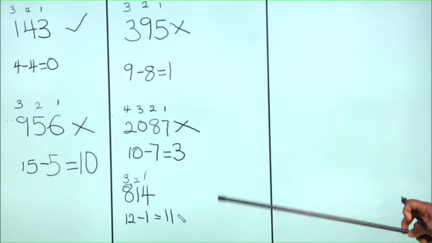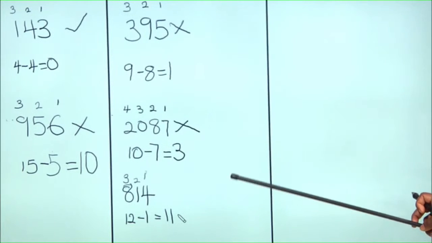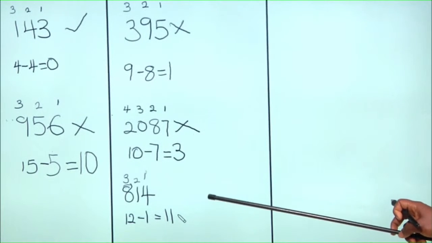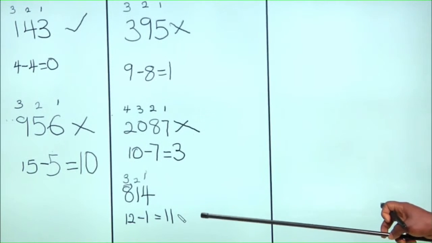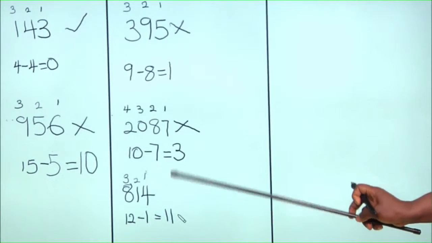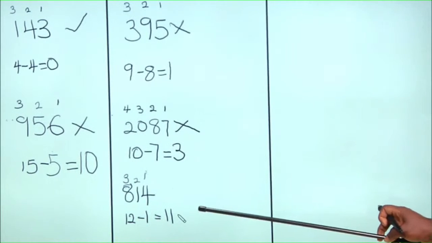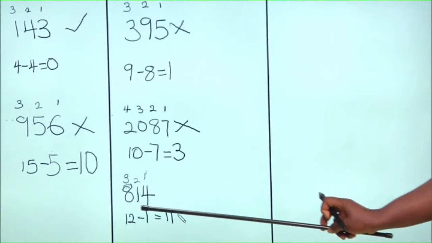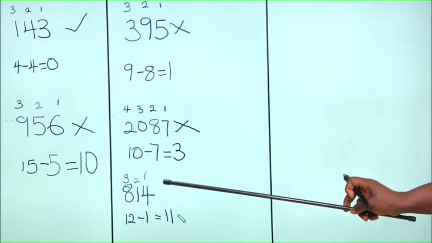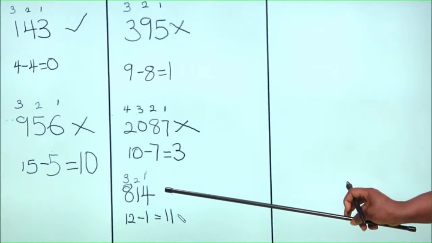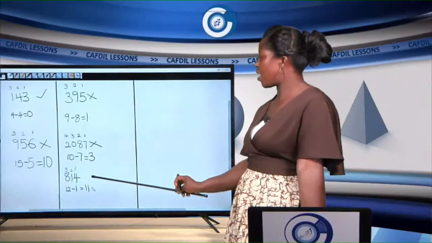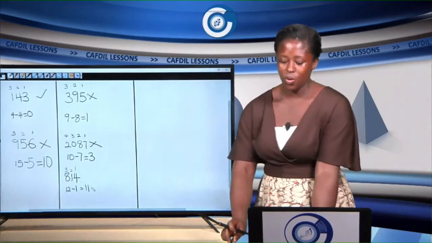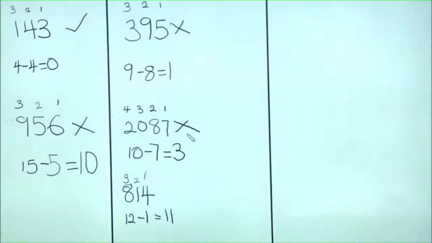And the rule says when the difference of the odd and the even places is either 0 or a number divisible by 11, it means that number is divisible by 11. We had 11, so 814 is divisible by 11. We can divide 814 by 11 and there will be no remainder. So let's check it.